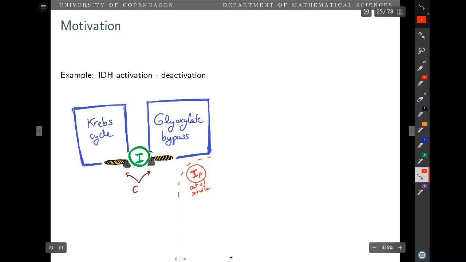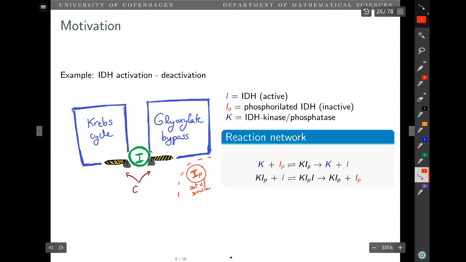I'm not so interested in the mechanisms, but I'm interested in the process by which the enzyme becomes inactive and active again. And for this, there is another enzyme, which is the assistant, that helps IDH become active or inactive. So when this assistant enzyme meets an inactive enzyme, some reactions may occur, and then eventually I get an active enzyme.